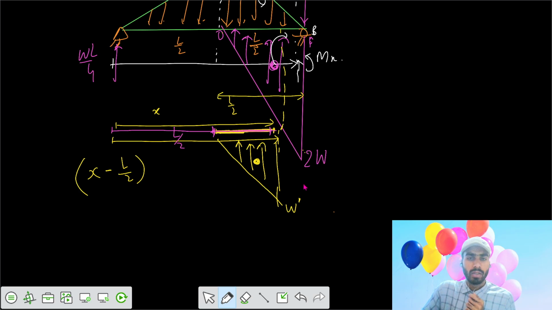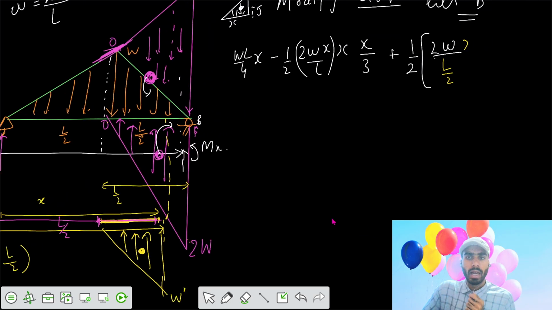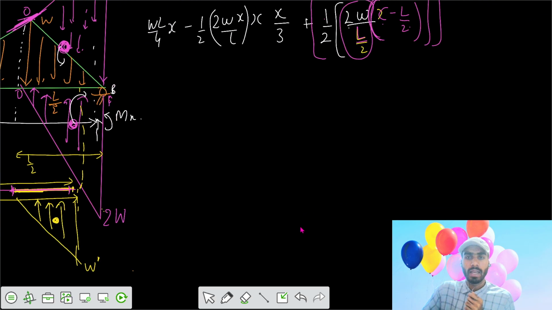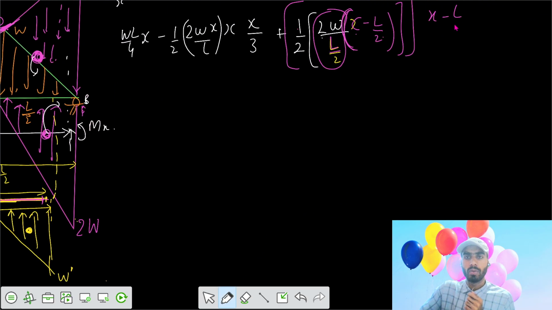So we can say the area would be X minus L by 2. Once you got that, half of that, 1 by 2 into your loading intensity. Loading intensity for L by 2, but you need for X minus L by 2. So this is your half of perpendicular. You have to multiply it with the base, the value of X, which is also X minus L by 2.